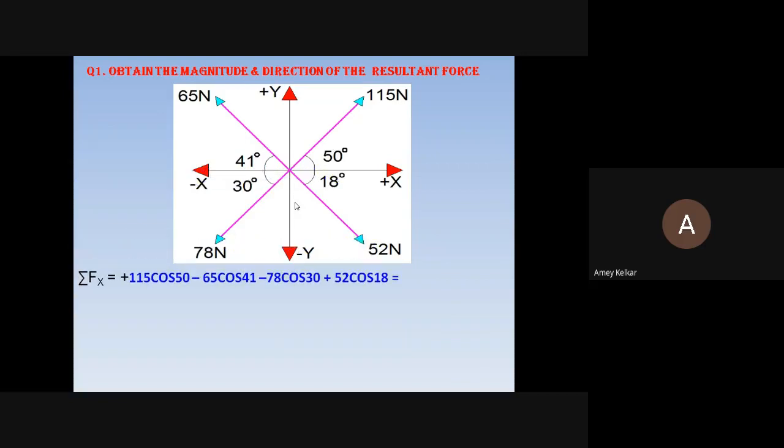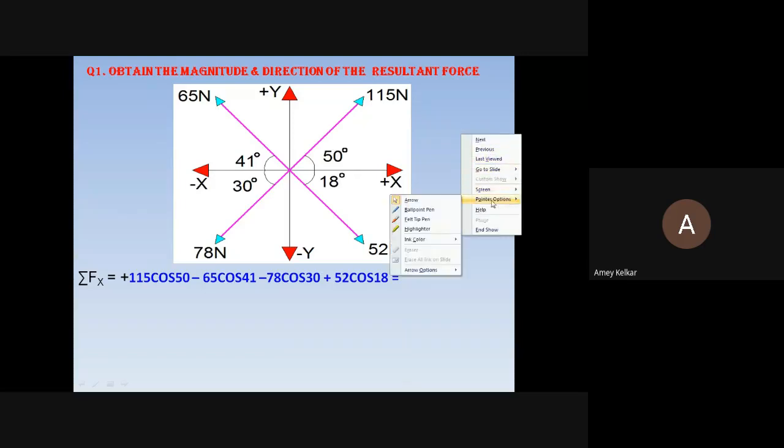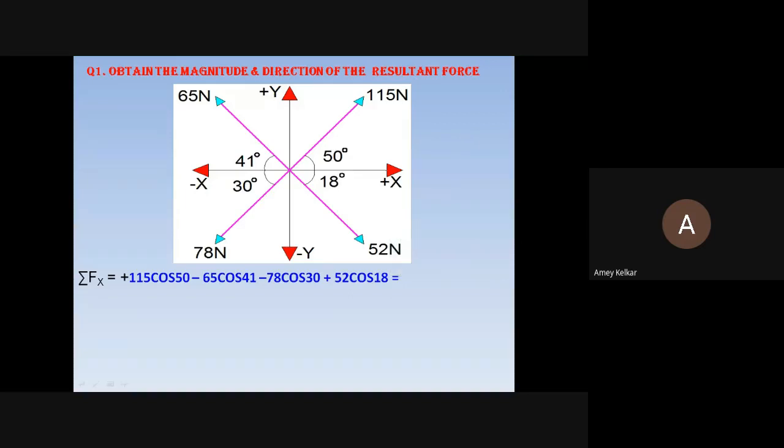Firstly, for this Fx, we write it as 115. Now this force is going outside, so its horizontal component will be here, going towards the positive x-axis. So this is plus: 115 cos 50 degrees, because the angle is with the horizontal axis.